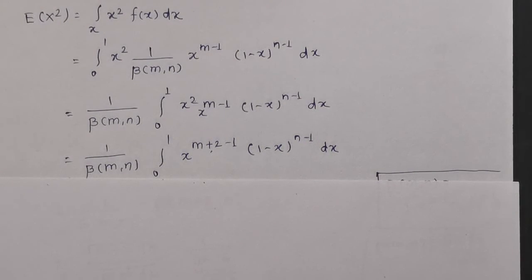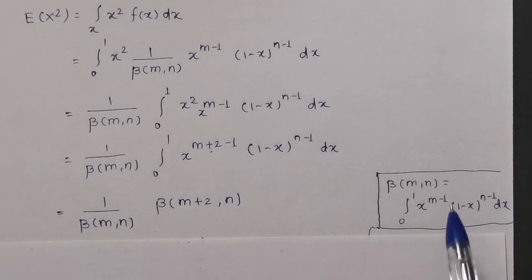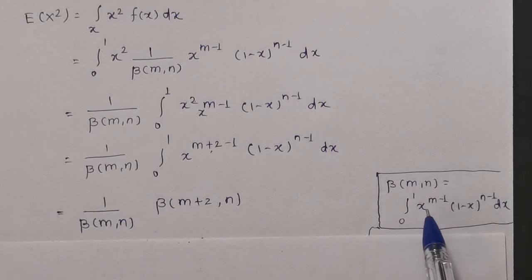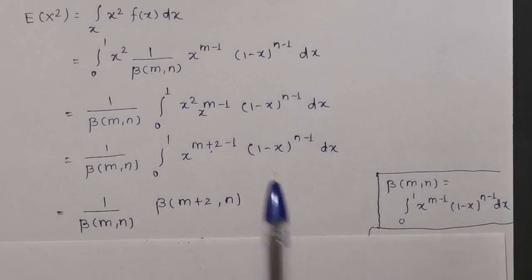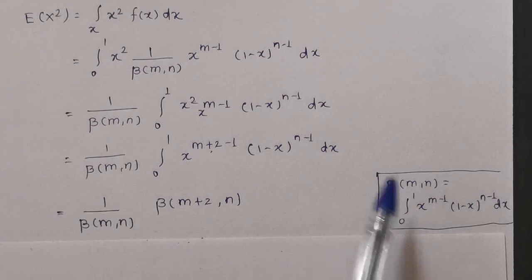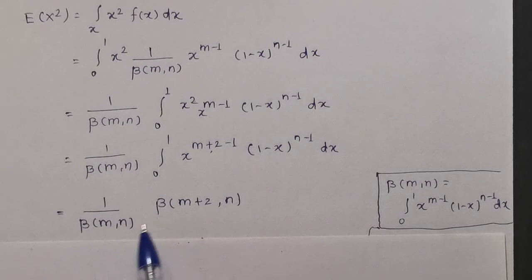Also, we know that beta mn is equal to the integration over 0 to 1 of x raised to m minus 1, 1 minus x raised to n minus 1 dx. Here m is replaced by m plus 2. So we get 1 upon beta mn into beta m plus 2 n.